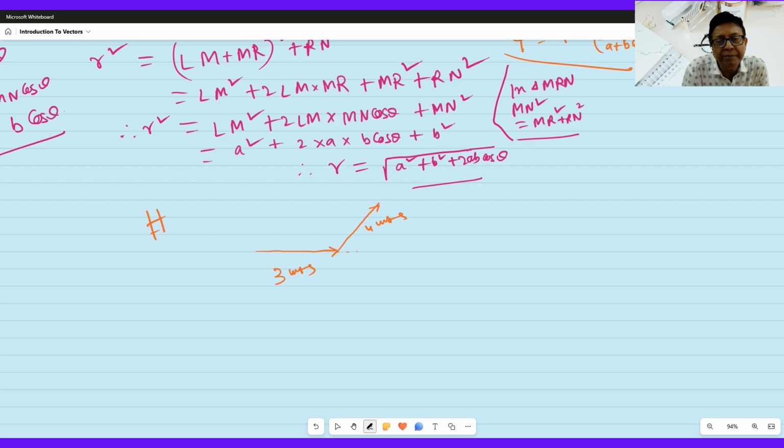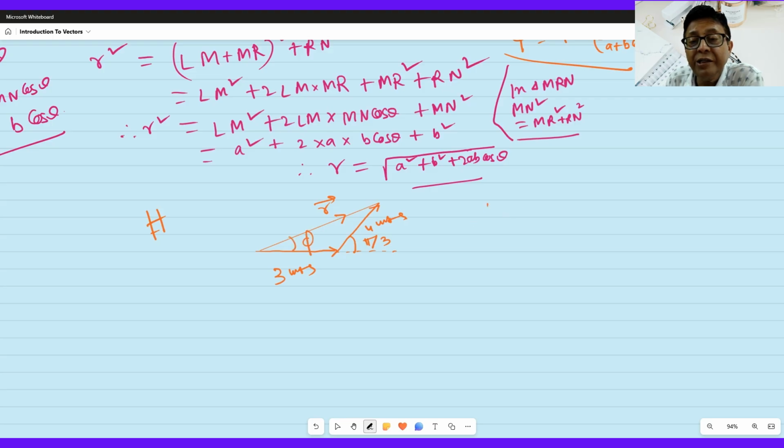Angle between them, say, we take the angle between them is pi by 3. Pi by 3 means 60 degree. Find the resultant of these two. How to get? Just draw the diagram. Find the resultant means you have to find both magnitude and direction. This angle is phi.